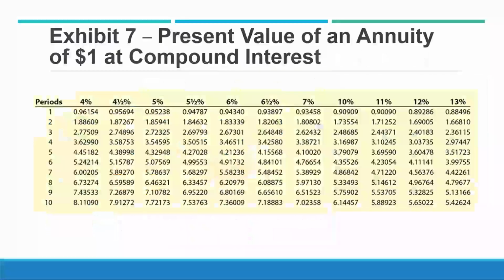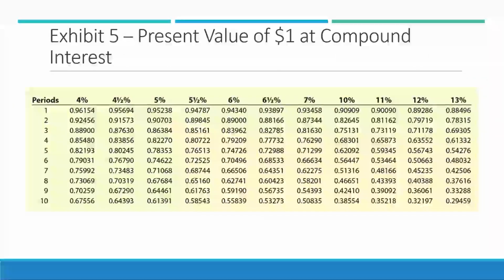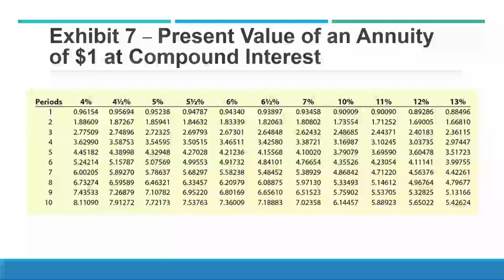And so this is the present value of an annuity of $1 at compound interest. Note how the first row, for a single period, the present value of $1 and the present value of a $1 annuity are exactly the same for each interest rate, because it's the same as computing the present value of $1.